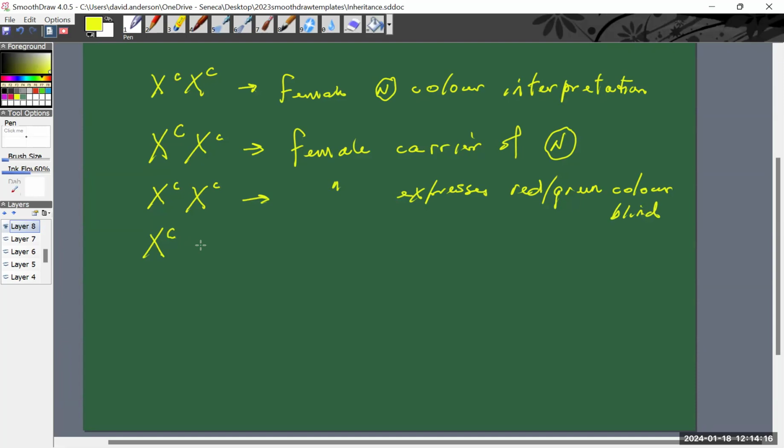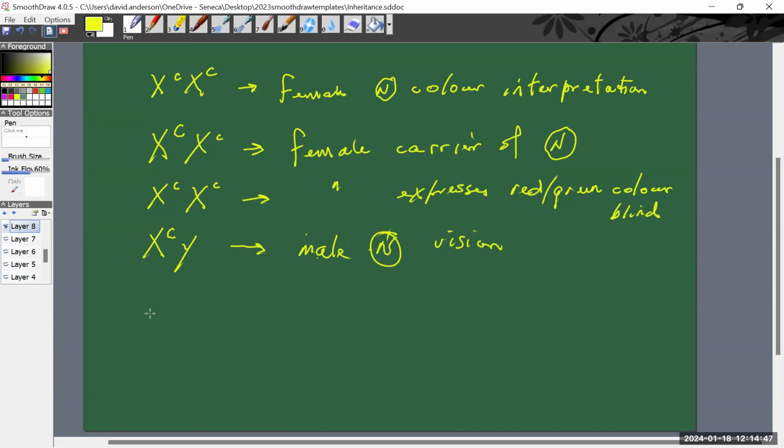So if mom offers a normal color expression and the Y chromosome is offered by the male, then what we've got is a male with normal vision.